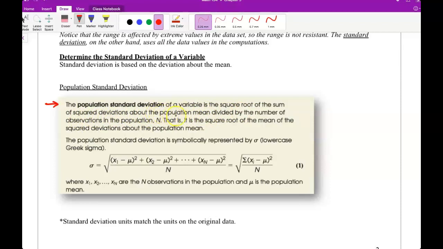So that is about the population mean. When you work on sample standard deviation, that is about the sample mean, not population mean. On this part, we divide by the number of observations in the population, or that is population size.